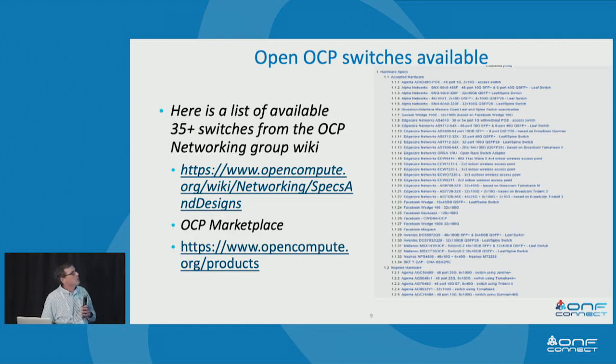So, OCP switches available. This is a scrape off the OCP website, and this is just to show how many different switches, even though they're not on that generic BOM, are available as open hardware designs that could potentially be used in a Trellis environment, provided they supported that generic software package, which is fairly easy to do.